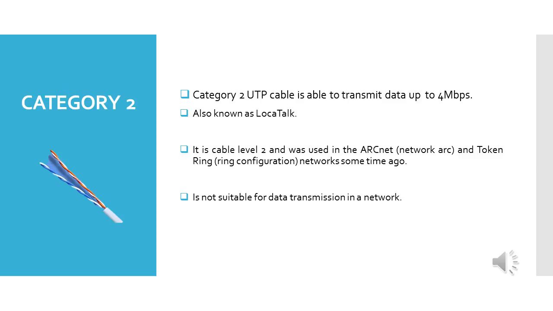Number 3, it is a level 2 cable and was used some time ago in ARCnet and token ring networks. Number 4, it's not suitable for data transmission in a network.